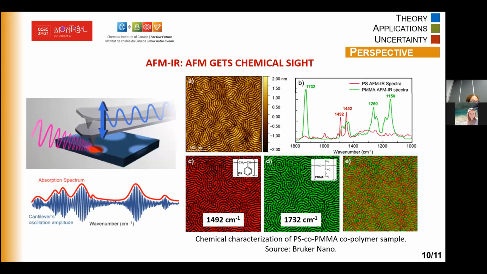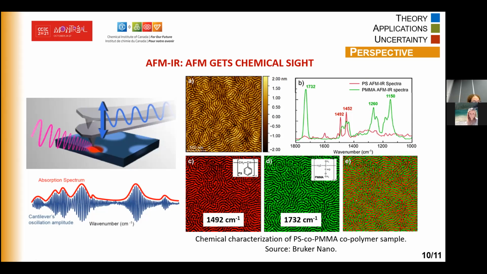Finally, we have AFM IR that combines the high spatial resolution of AFM with the chemical characterization and compositional imaging capabilities of traditional IR spectroscopy. The microscopic mechanism enabling AFM IR is shown in the top left-hand side.